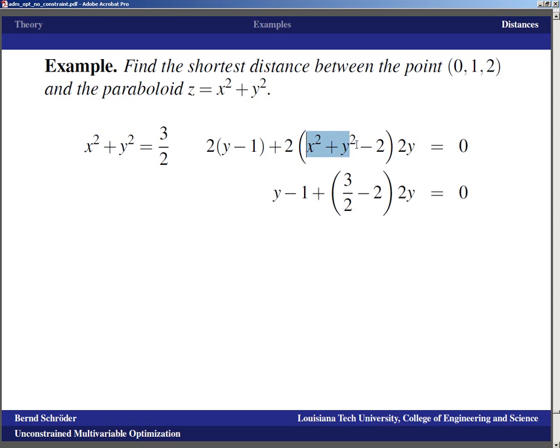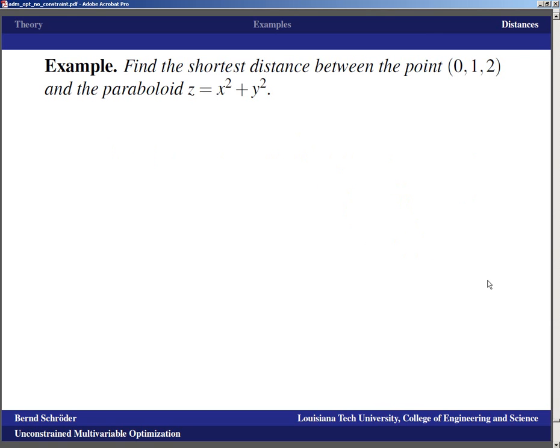Then we have x squared plus y squared being 3/2 minus this 2 times 2y. Well, 3/2 minus 2 is 1/2. 1/2 times 2 is 1. So we end up with y minus 1 minus y equals 0. That gives us -1 equals 0, which has no solution. So that means there are no further solutions to this system of two equations in two variables.